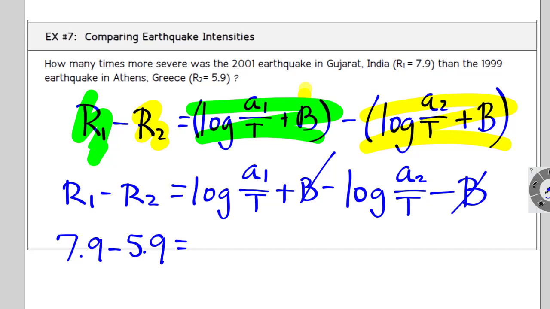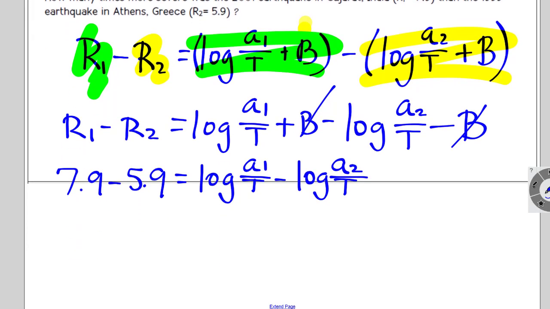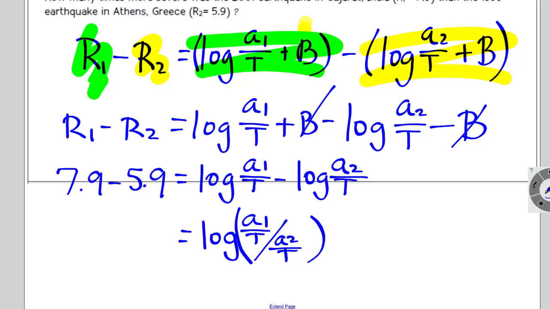And this is going to be equal to log of A1 over T minus log of A2 over T. Well, here on the right side, I think I can apply my log properties for division, or a quotient. I can rewrite this as log of A1 over T over A2 over T. We're taking the log of that quotient.